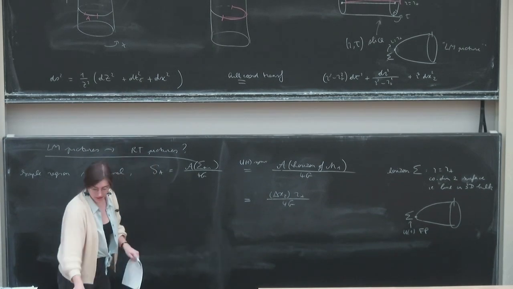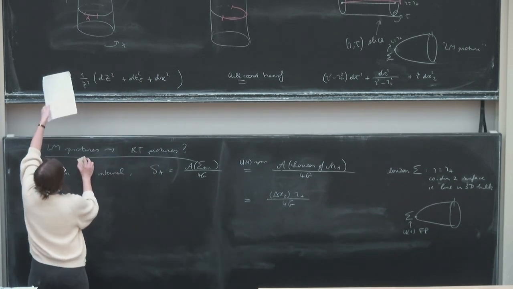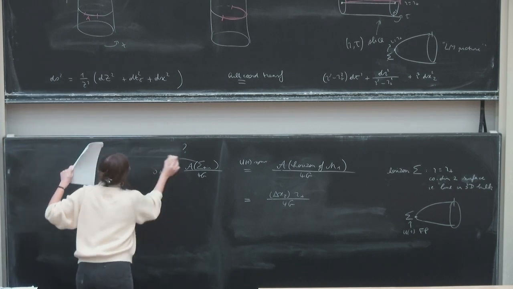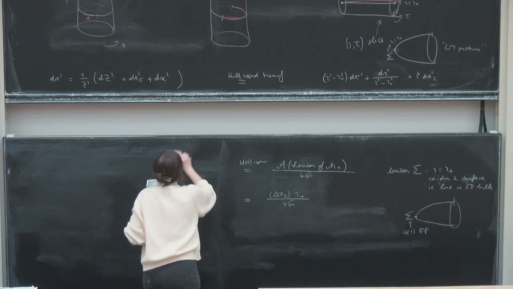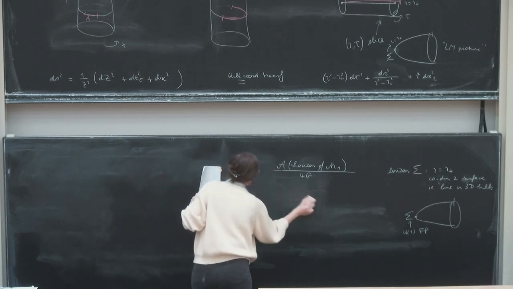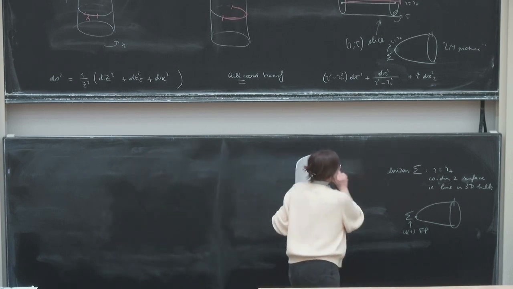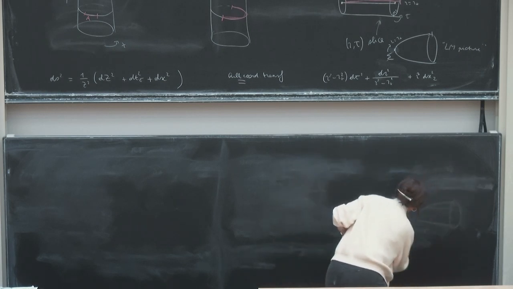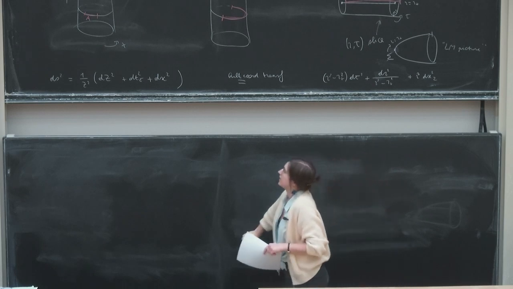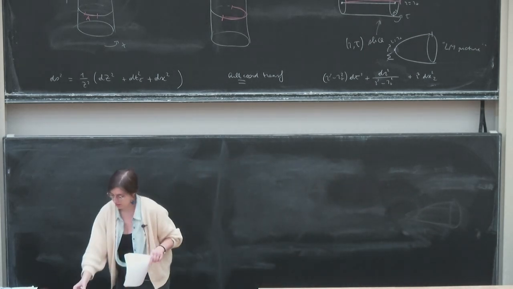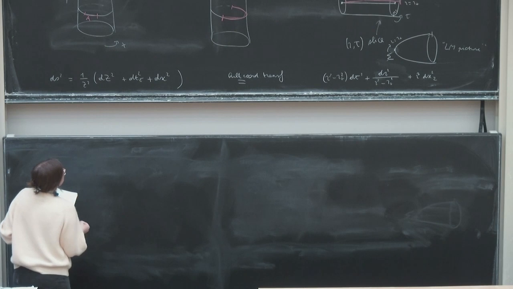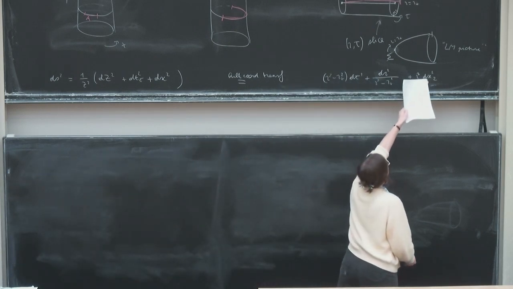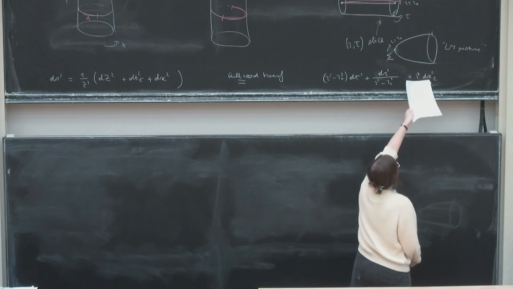And so it can help to look at a constant time slice of this AdS cylinder, in both types of coordinates. So once using Z and X, and once using R and this xz.